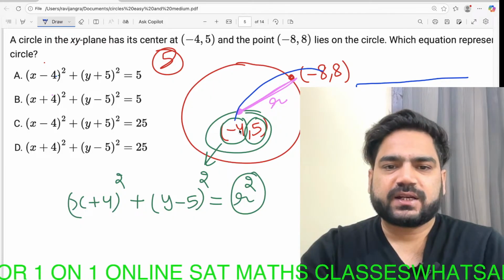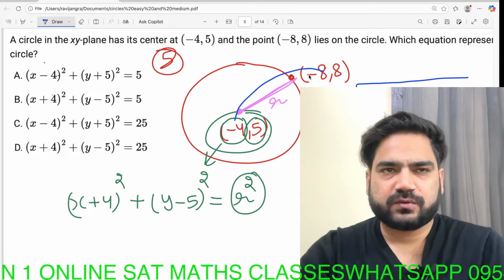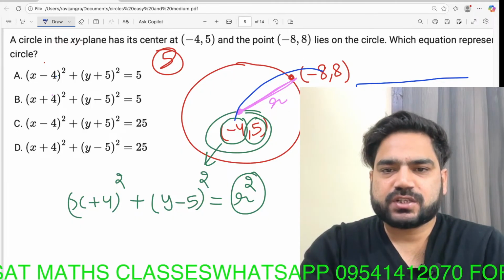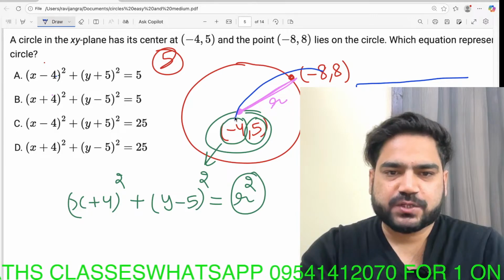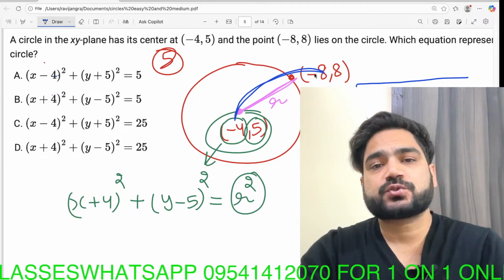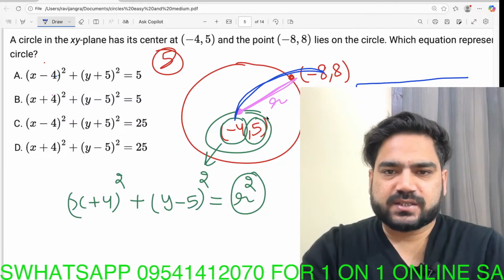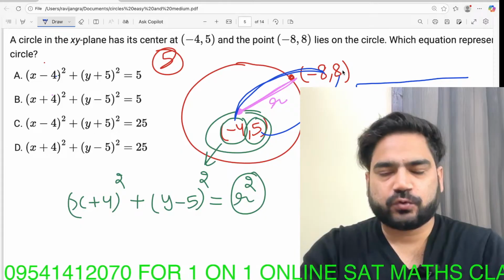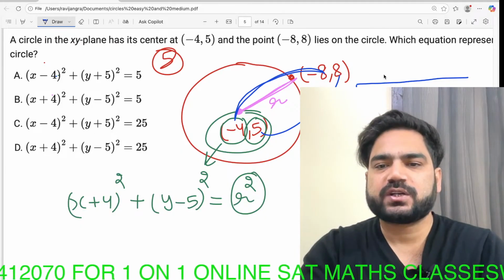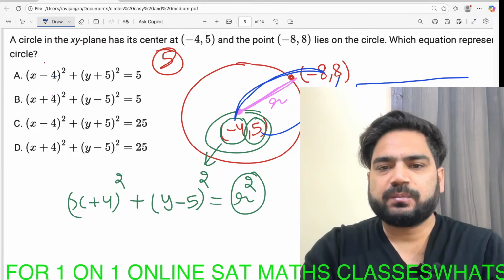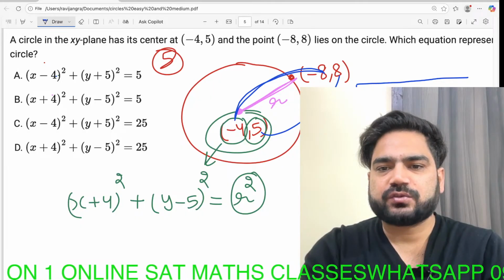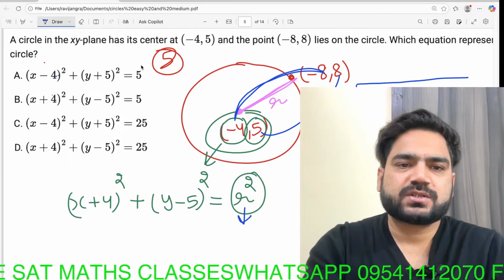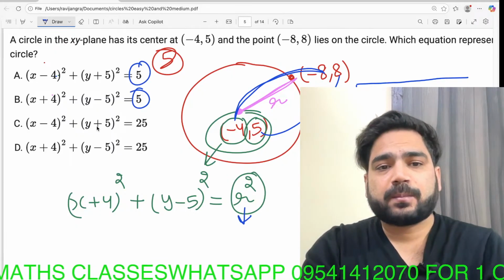The difference of -4 and -8 is 4, and its square is 16. Similarly, subtract the y coordinates: 8 minus 5 is 3, and its square is 9. So the radius is root 25, which is 5.